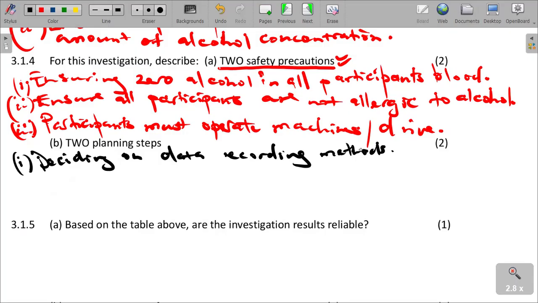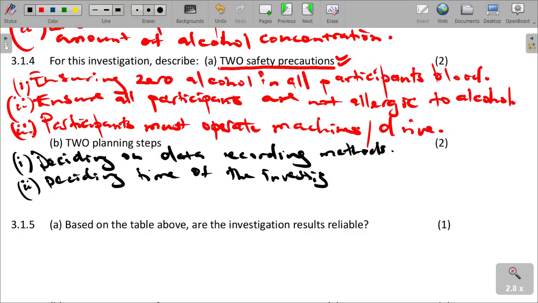You can also decide on the time of the investigation. People must know when we are going to do the investigation. The time of the investigation must be decided.